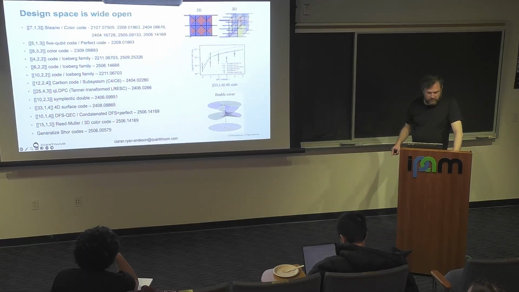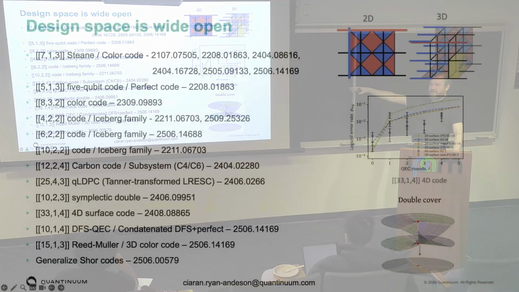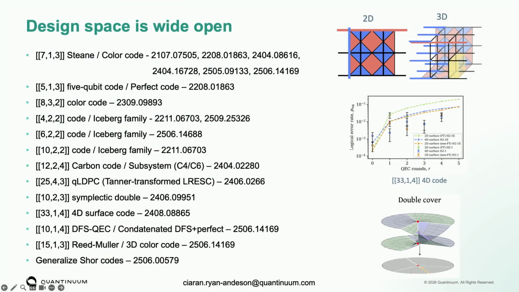Okay, and since maybe this is good to start wrapping up, we've now moved beyond doing just the Steane code, and I think I've counted maybe 13 different separate codes.